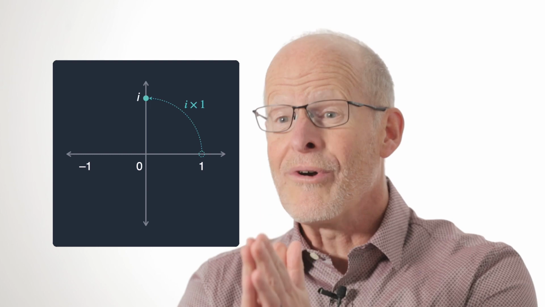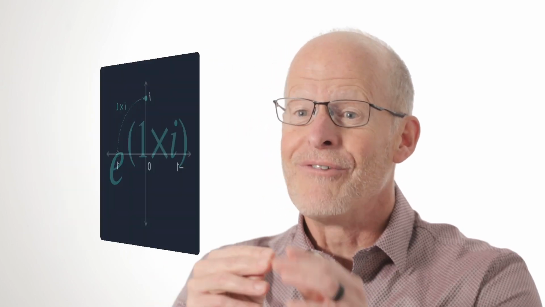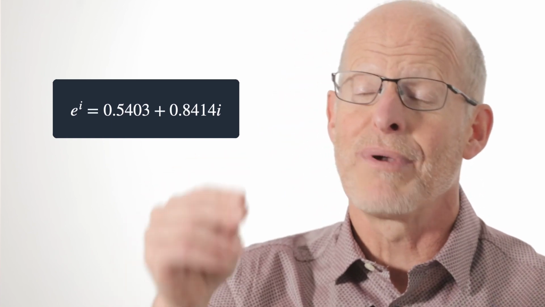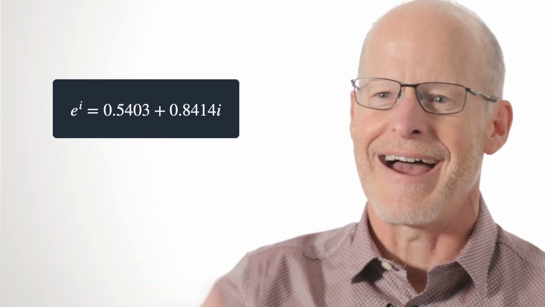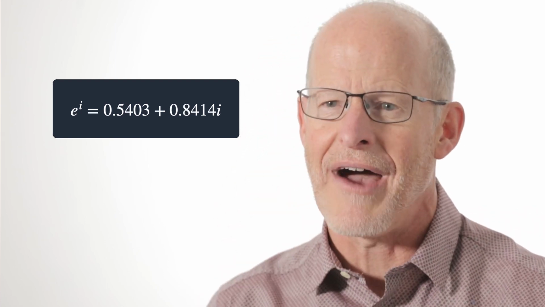And then what we're calculating is the result of E raised to 1 times I. And that means that our plane is the complex plane where north-south are multiples of I. So that means our ending point on the complex plane is 0.54 and then 0.841 times I. And remember, we can write a point on the complex plane as a number. And so we can create an equation that says E raised to the I equals 0.54 plus 0.841 times I. And this is because the vertical axes in the complex planes are multiples of I.